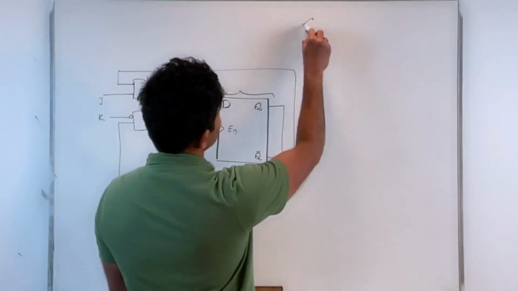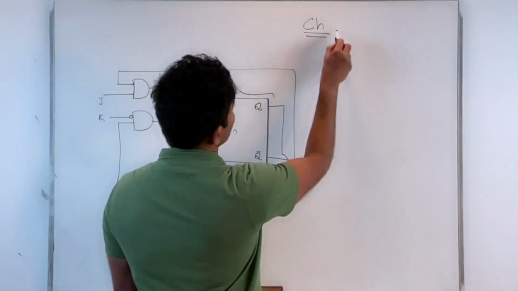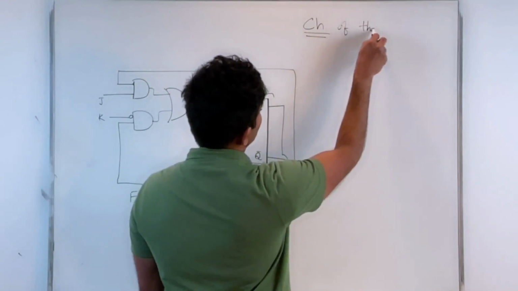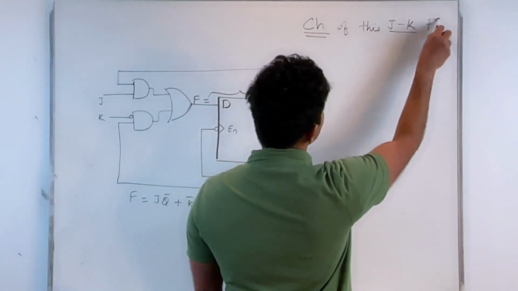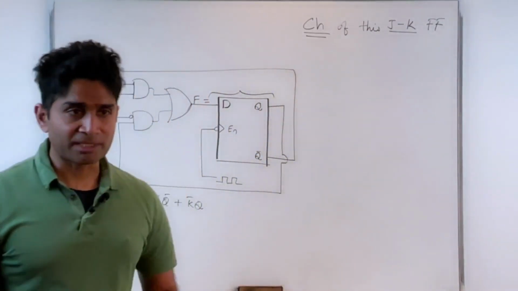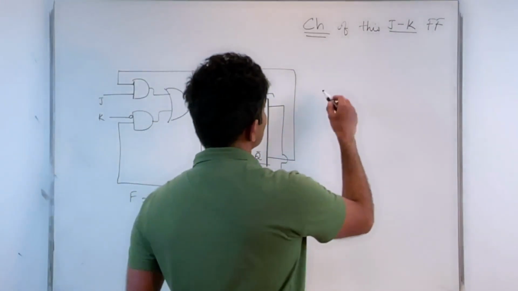This is what we have derived for the characteristic table of this flip-flop, let me call this JK flip-flop. This is a new flip-flop that is derived from the D flip-flop here. And how does that look?